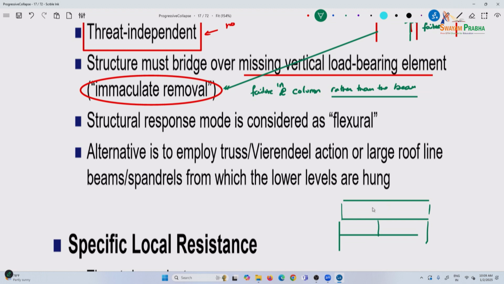You can even consider action like this, where the lower levels, the load path is going this way. So here you are pulling down, basically a hanging structure.